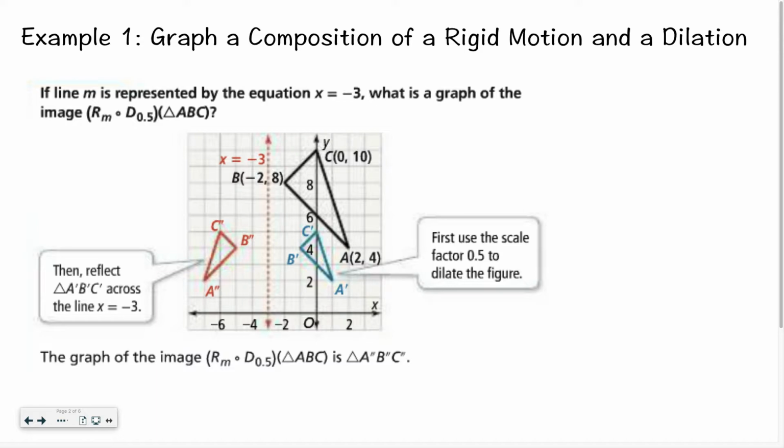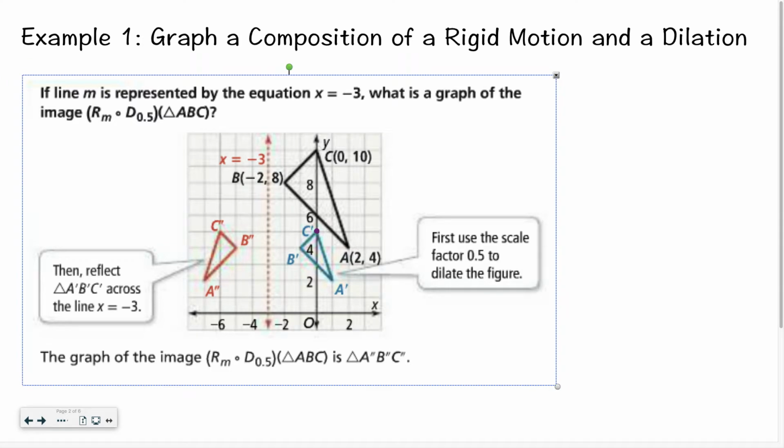So in order to get my new C, my C prime, I'm going to do 0 times 0.5, or 0 times half, and that's 0. And then 10 times 0.5, or another way to say it is 10 divided by 2, right? Multiplying by 1/2 is the same as dividing by 2. So 10 divided by 2 is 5. So that's how they got C prime to be right there.